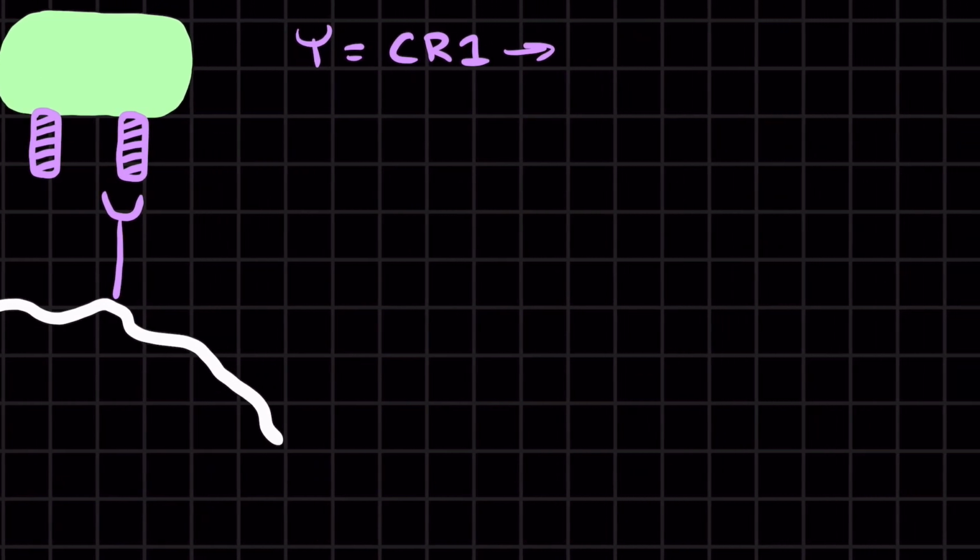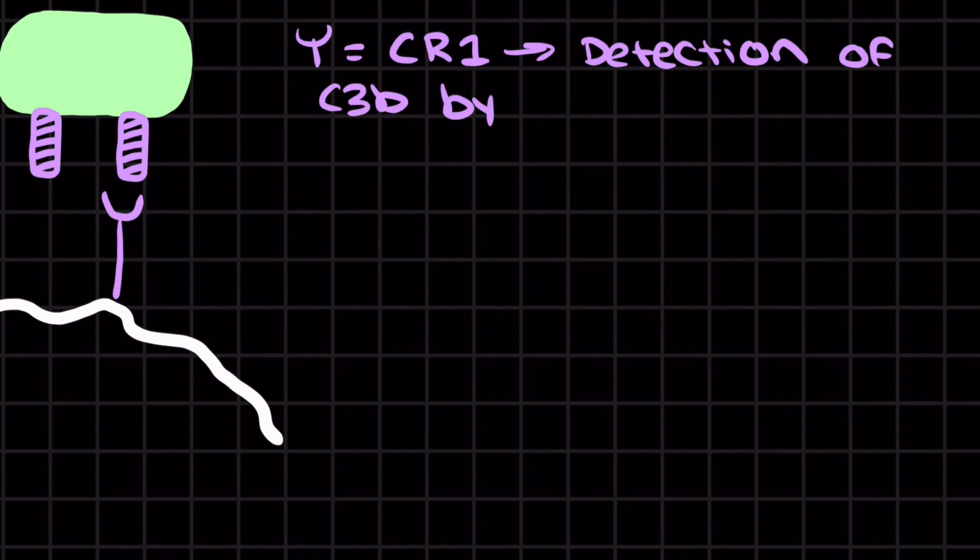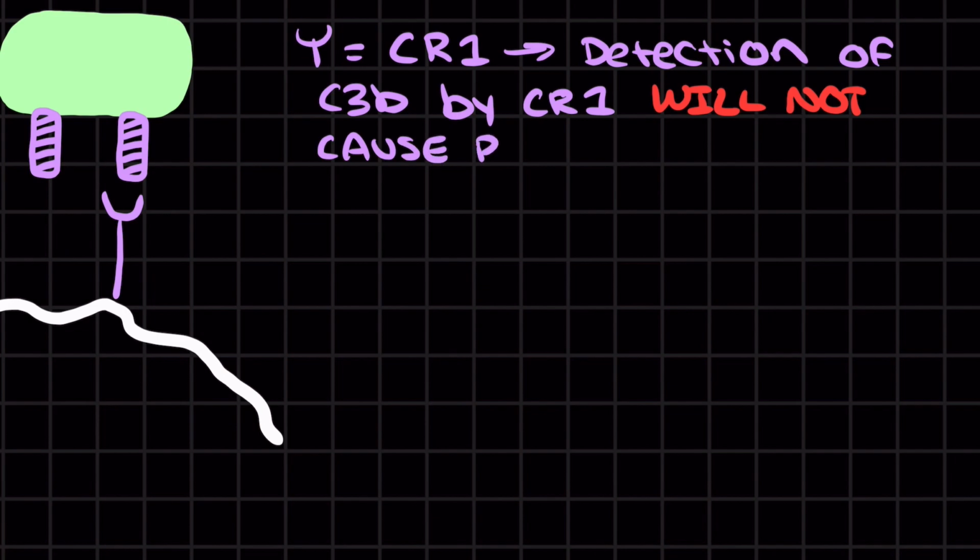So detection of C3b by CR1, CR stands for complement receptor, so complement receptor 1, will not cause phagocytosis.